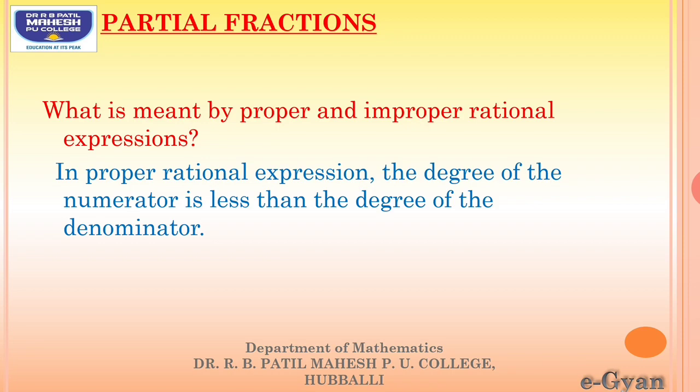Here the degree means the highest power of that variable; we call it the degree of that expression. So when the numerator degree is less than the denominator degree, we call such rational functions proper fractions or proper rational expressions.